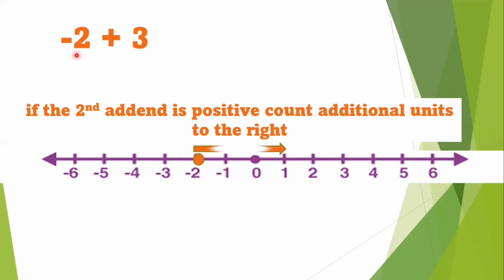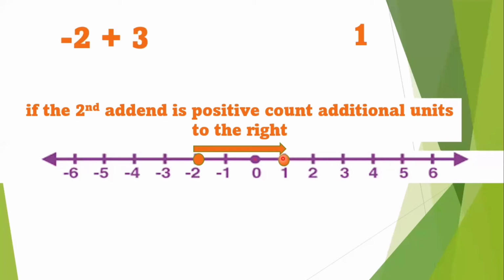So, kung paano tayo kanina nag-add ng same sign using a number line, ganun din yung pag-add ng different signs using a number line. So, we have positive 3 as the second addend, so we're going to count 3 units to the right. So, we have 1, 2, 3, and that makes our answer positive 1.